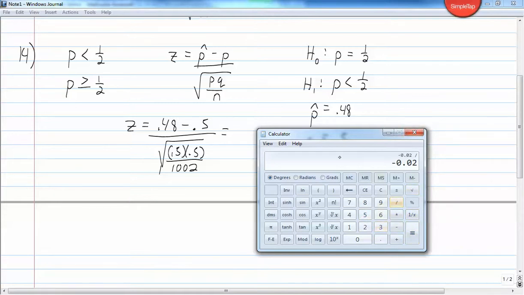Alright, let's see if I can put all this in parentheses now. The square root of... I messed something up. So 0.5 times 0.5 divided by 1,002, square root.